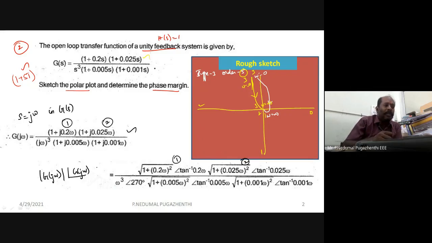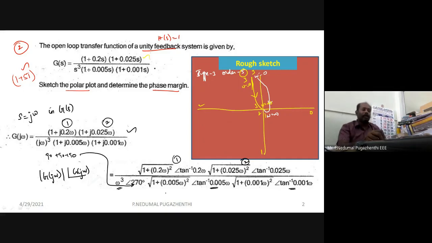Likewise, in the denominator, j omega the whole cube will give you omega cube and the angle is going to be 270 because 90 plus 90 plus 90 will give me 270. Then tan inverse of this particular term, and so on; 5 terms are there. Each term is represented by its magnitude and angle form.